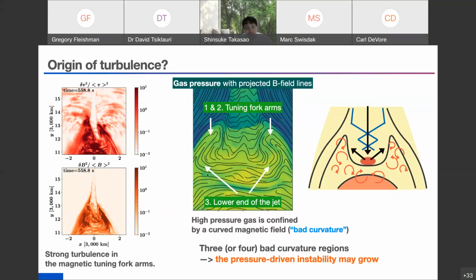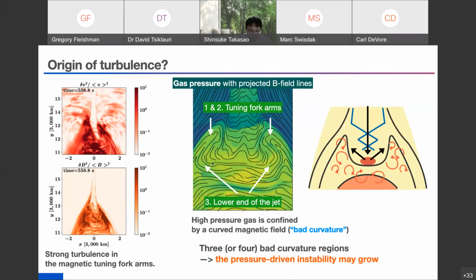So to understand the origin, we look at the gas pressure here, and we found that in these regions, the high pressure gas is confined by a curved magnetic field, which is called the bad curvature region.